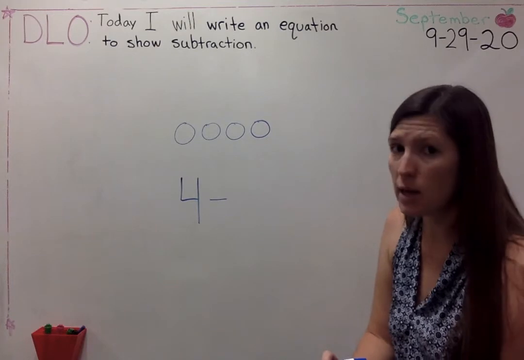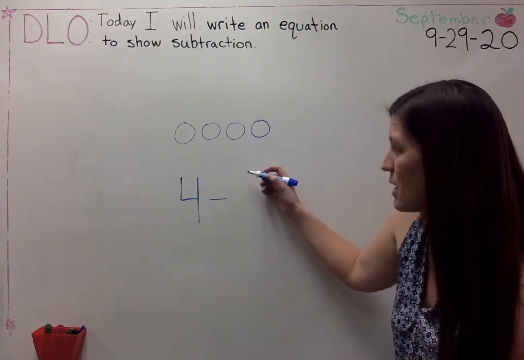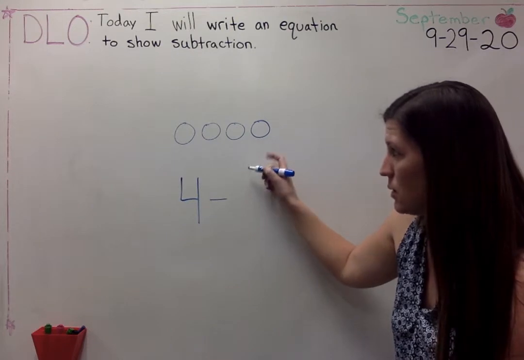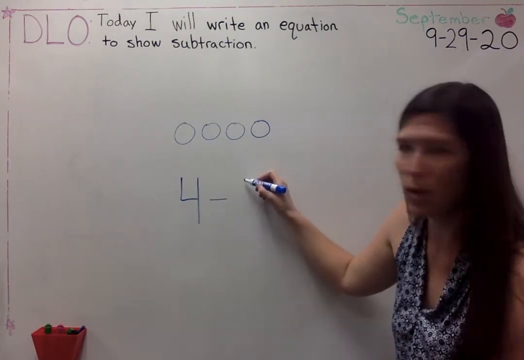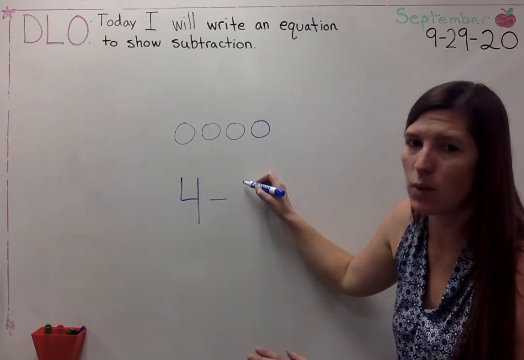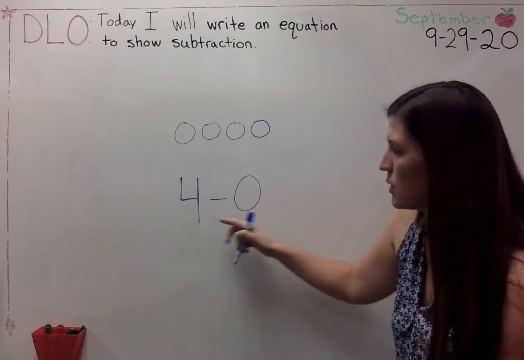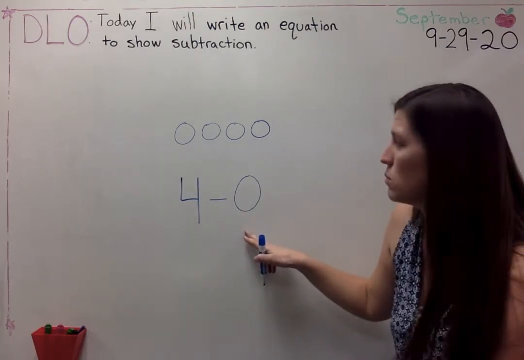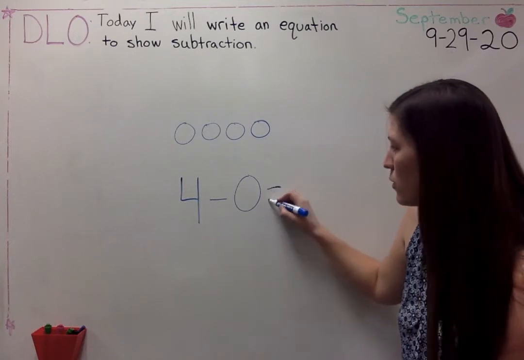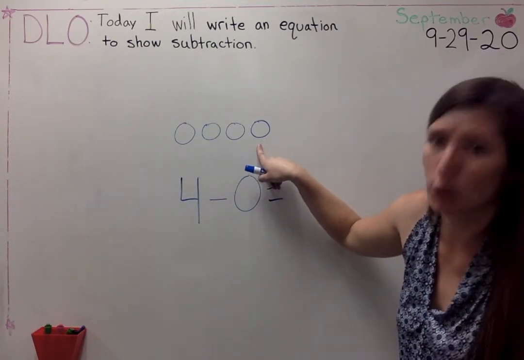I'm not going to eat any of them. So I'm not eating any cookies. Did I take any away? Nope. What number will I write here? If I'm not taking anything away, they're staying the same. It'll be 0 because I have 4 cookies. I decided not to eat any, so I still have 1, 2, 3, 4 cookies.